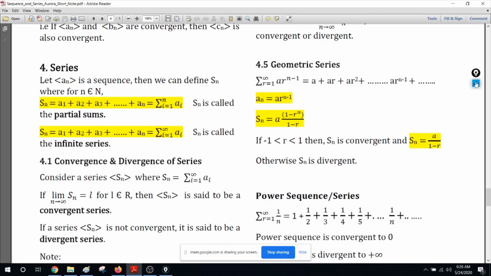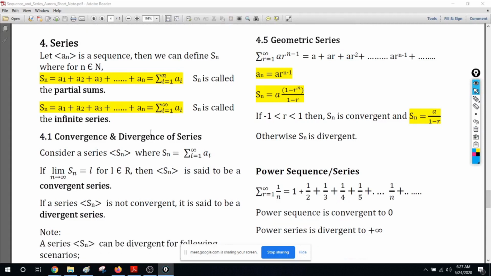It's very easy to understand because it's very much like the sequence, but a different concept. Now we are talking about summation. You have to understand these two as separate things, because there can be situations where your sequence is convergent but your series is divergent.